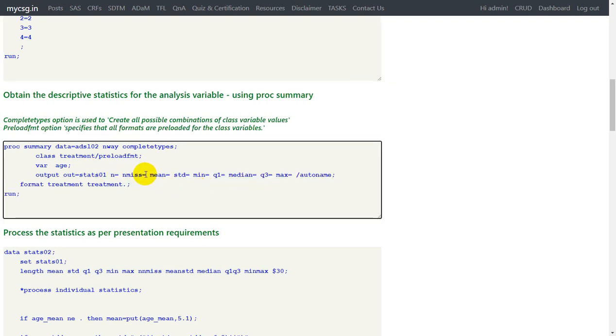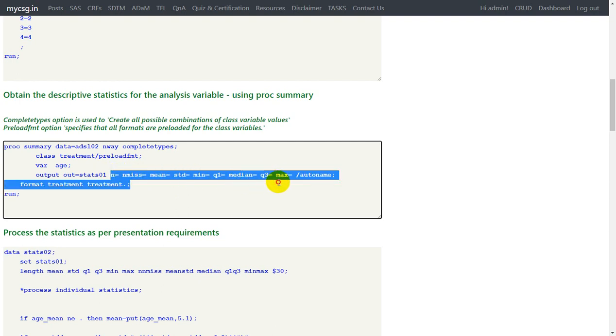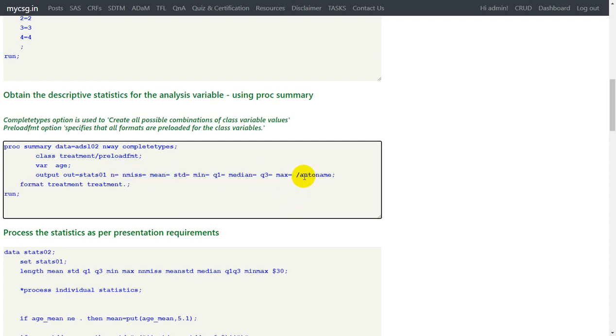We needed n, nmiss, mean, standard deviation, minimum, Q1, median, Q3, and max. I am requesting all these statistics and I am using an option called AUTONAME on this output statement so that all the statistics being created are named automatically.